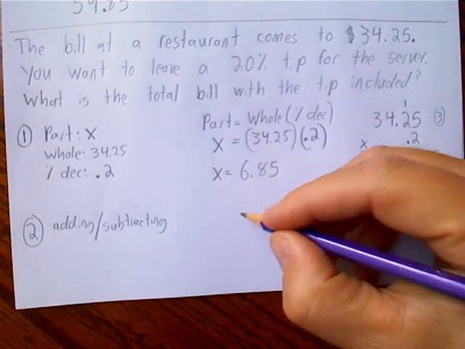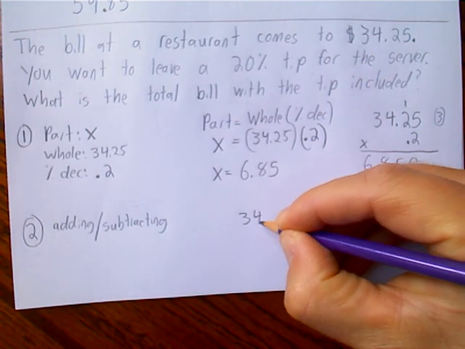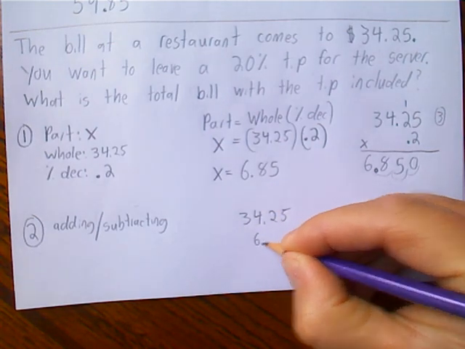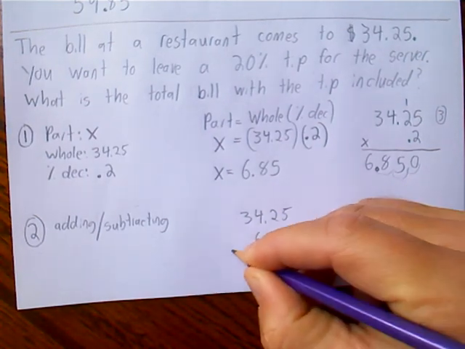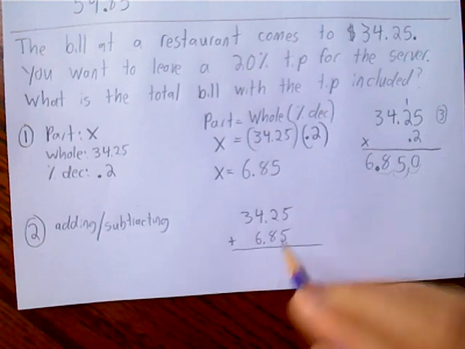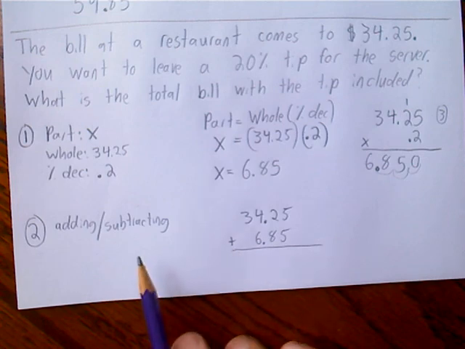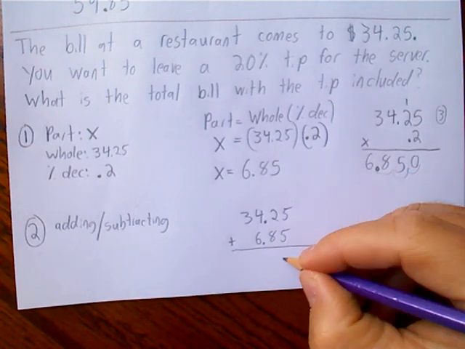So I'm going to add the original price, $34.25, to our tip, $6.85. Notice that my decimal places are lined up because when I'm adding and subtracting, that's our rule. And I put my sign down here to remind myself that I'm adding, not subtracting. 5 plus 5 is 0.